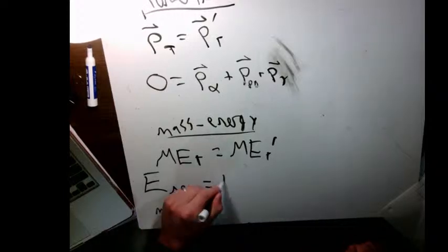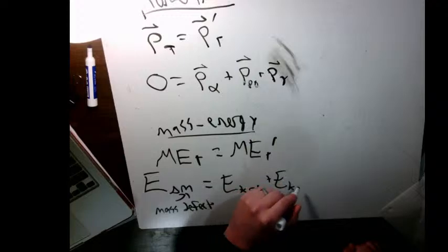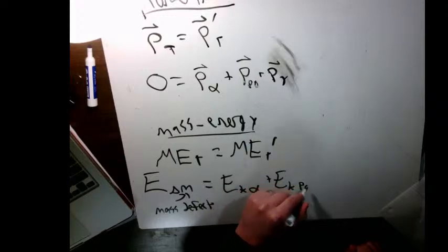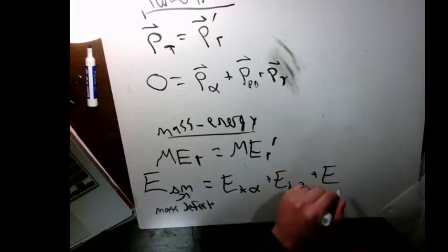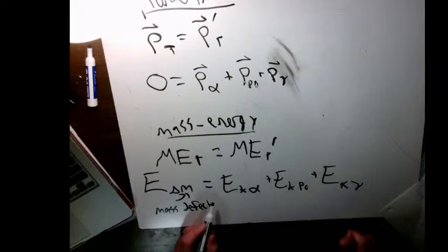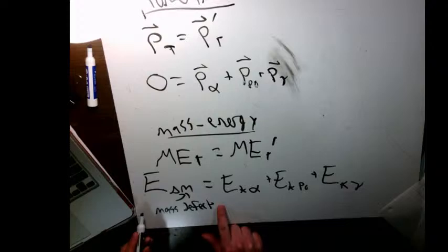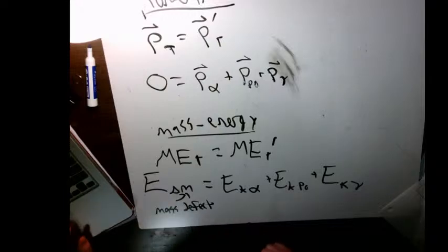So the mass defect energy will be equal to the kinetic energy of our alpha particle and the kinetic energy of our daughter, which in this case was polonium. And if we have gamma, we'll have the kinetic energy of that as well. So all the kinetic energy is coming from our decay side, whereas the energy initially is coming from the mass defect of our parent nucleus. All right, let's keep going on with the notes.